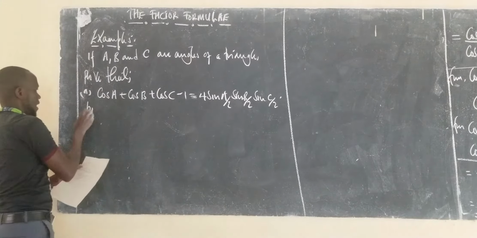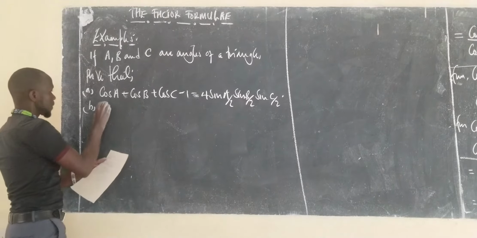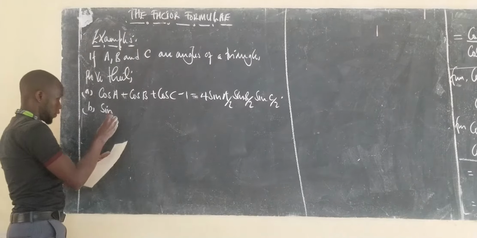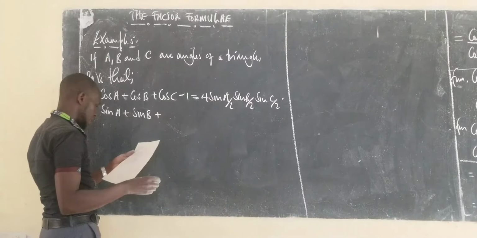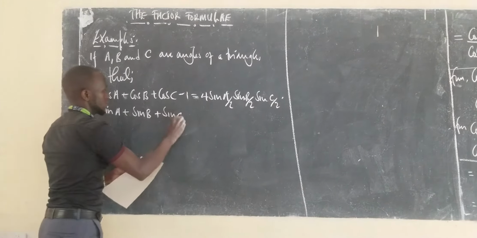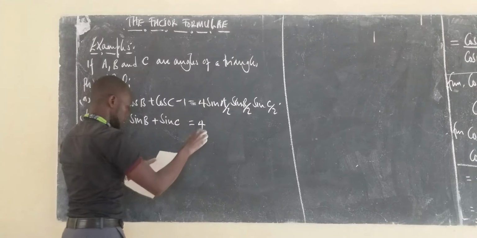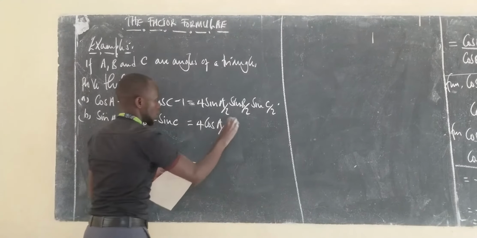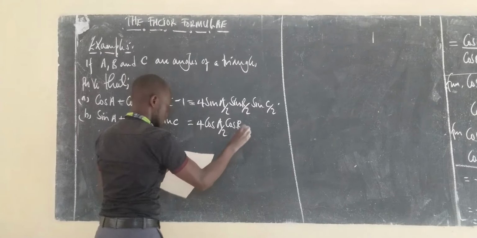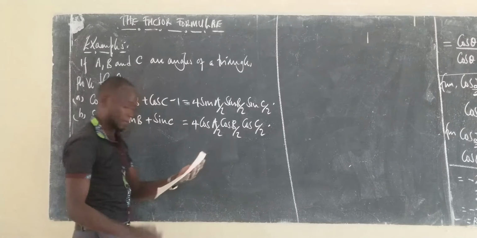Then part B, I said I'm doing only part A and you will do part B. Part B, sine A plus sine B plus sine C is equivalent to 4 cos A over 2 cos B over 2 cos C over 2.